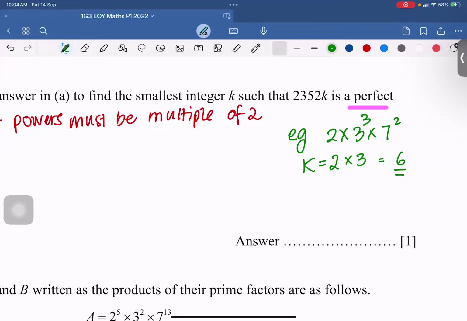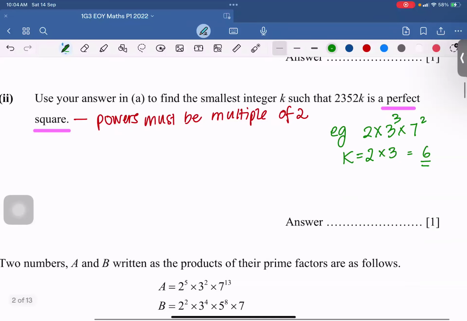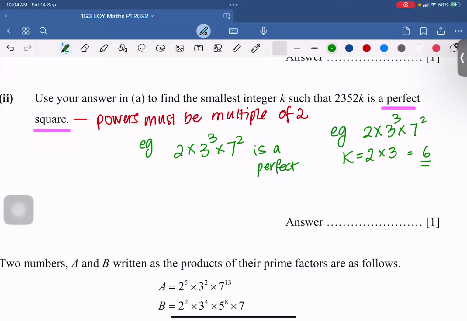Okay, then a little sidetrack. Since the question is talking about perfect square, I should extend the concept to perfect cube and other forms of pattern. For example, let me quote you a different example. If I tell you to find the integer k such that 2 times 3 cubed times 7 squared is a perfect cube.